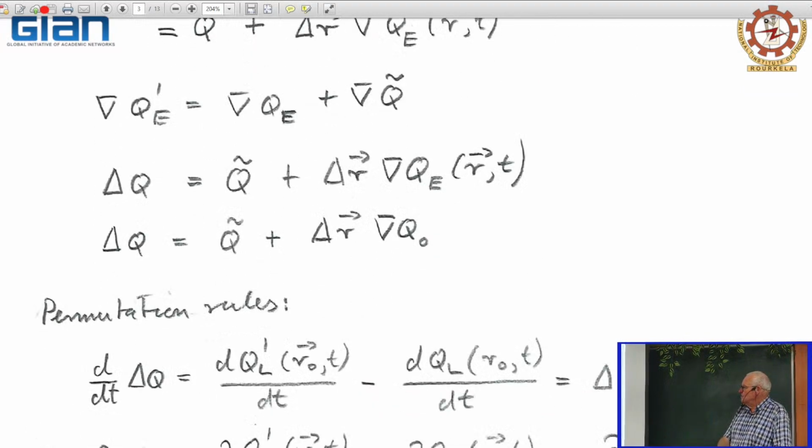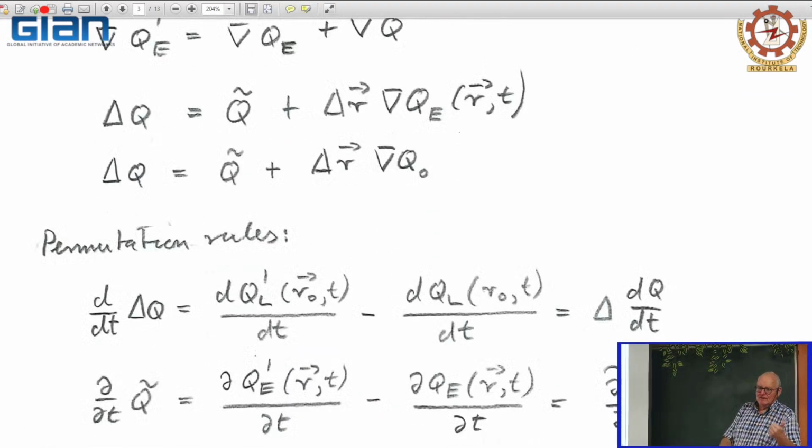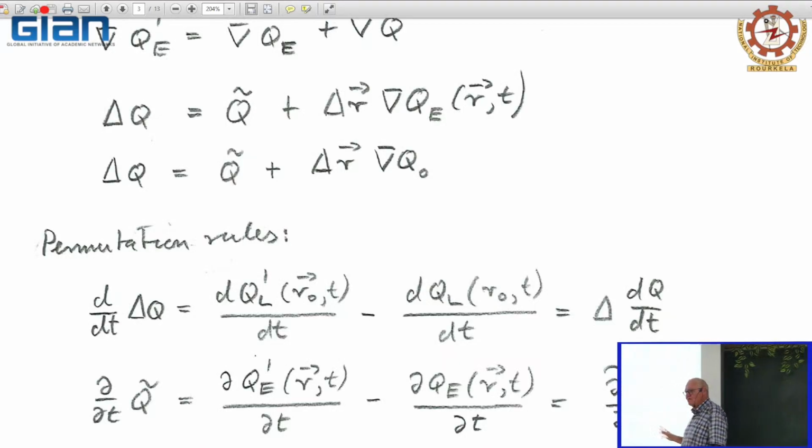Okay, once you mix both the Lagrangian and the Eulerian perturbation, and once you mix the Lagrangian and the Eulerian time derivatives, you have to be very careful, because these quantities in general do not commute. So d by dt delta q is not necessarily delta of dq by dt. So you have to obey certain commutation rules. They are not commutative in general.